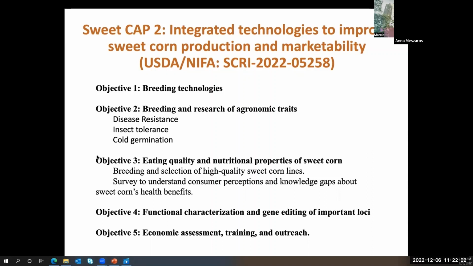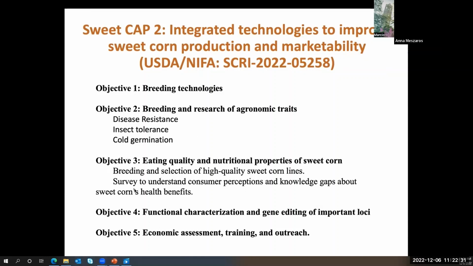Objective 2 is a lot of the translation of everything we've learned from the first SweetCap project, all of these sources of disease resistance and the sources of cold germination and so on, translating that and transferring that to elite materials, both public and private materials, that can hopefully become future parents for commercial hybrids. And that is the goal here for Objective 2.